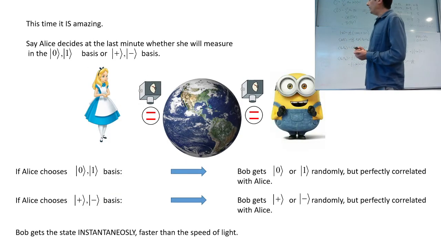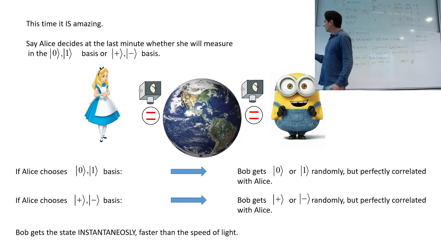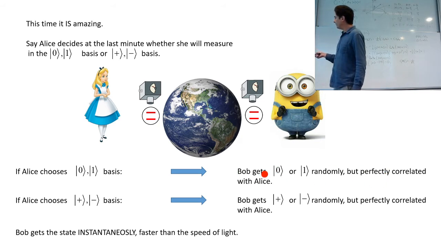The subtlety is that it's still not possible to make a conclusive measurement. Bob still can't tell whether it was 0, 1 or plus minus.